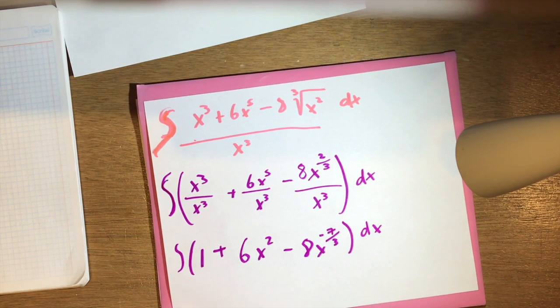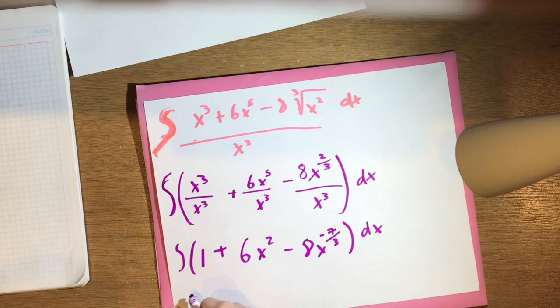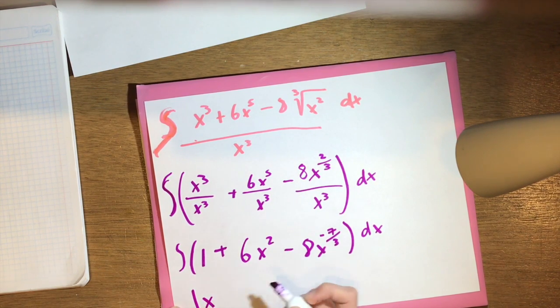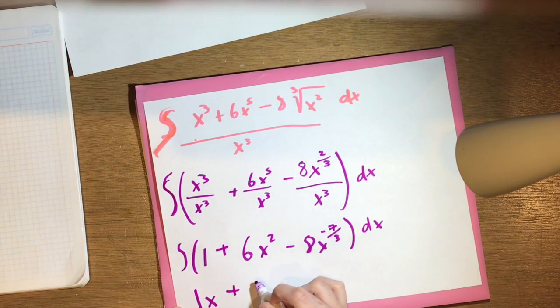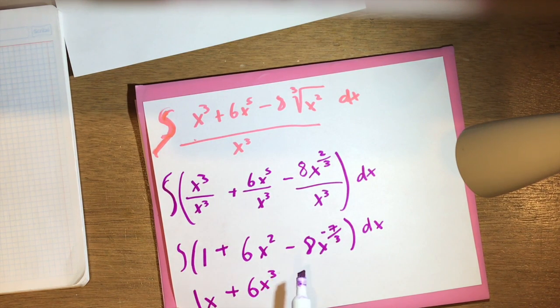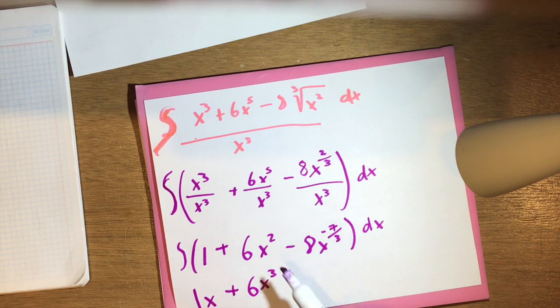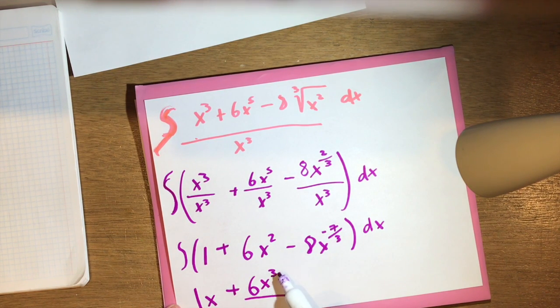After this, we are going to now start antiderivating. So we will have 1x plus 6x to the third. We always add 1 to the exponent on the top, and then the number we get, we will divide it by everything.